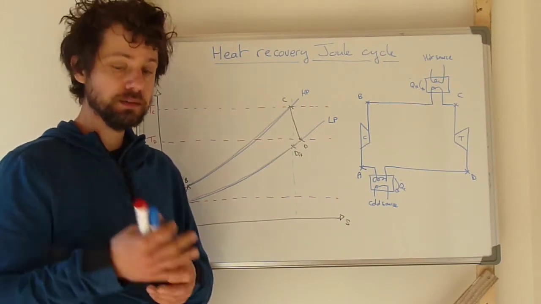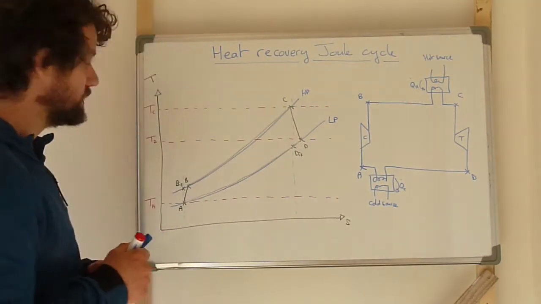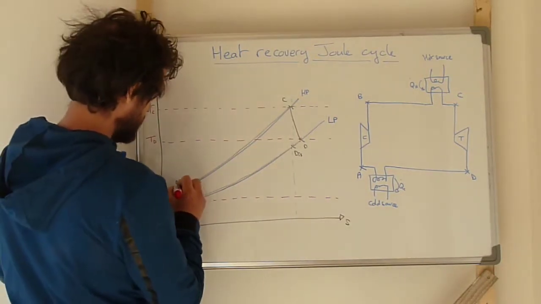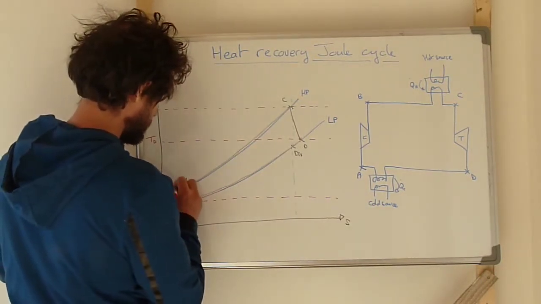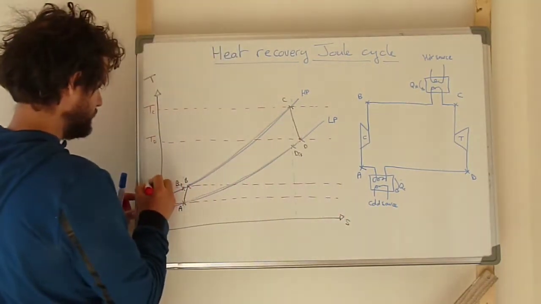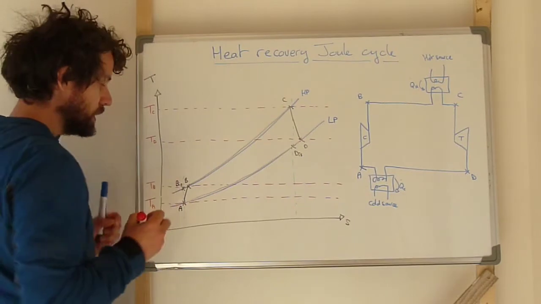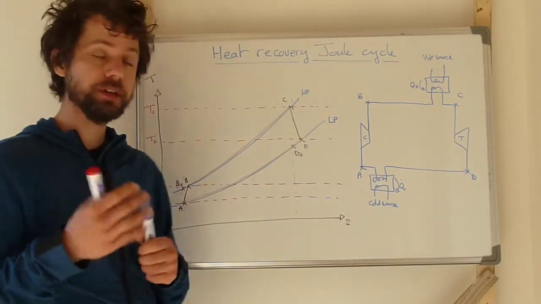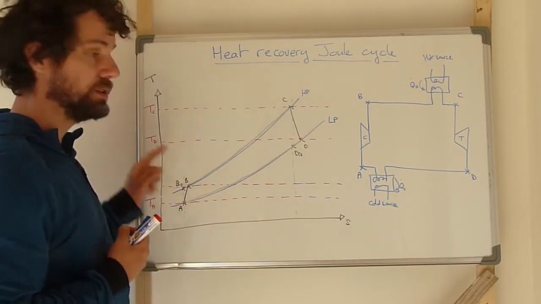In particular, we can also note that in many cases for gas turbine cycle, the temperature of the outlet of the compressor, so temperature of point B, is often still quite low compared to the temperature we have in point D.